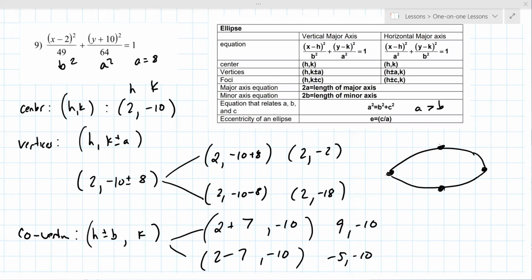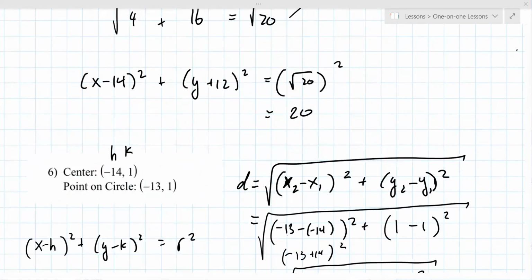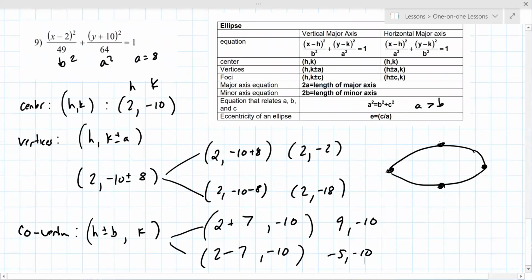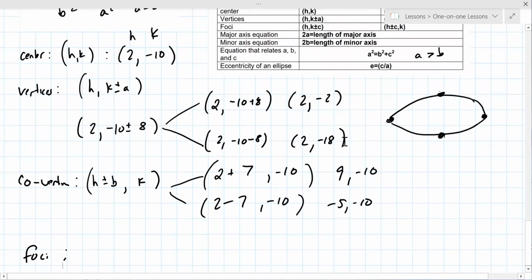All right, so we can move on to 10, I guess. I'm kind of flailing here a little bit. 10 is, oh no, I'm sorry, we're not even close here. There's so many more things that they want here. I forgot the foci. So we have to do the foci. The foci are H comma K plus or minus C. So C we don't have yet. C is, A squared equals B squared plus C squared.